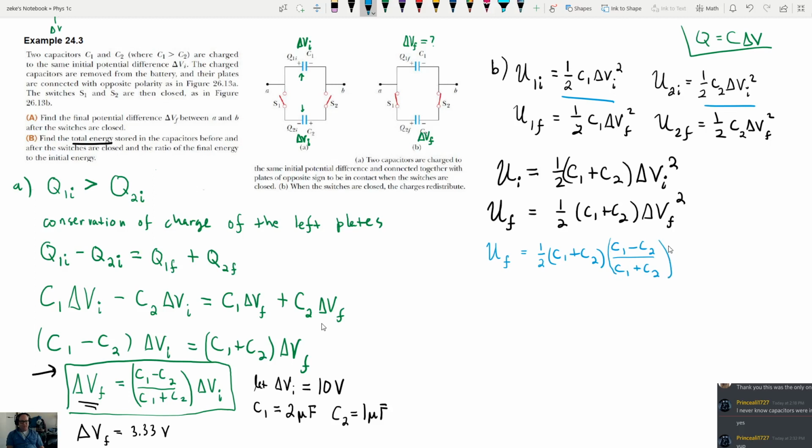But we have to square it. And when we square it, some things are going to cancel out here. C1 plus C2 is going to cancel out with one of these.